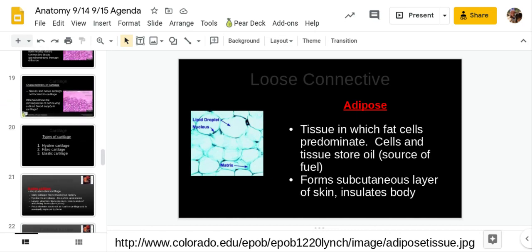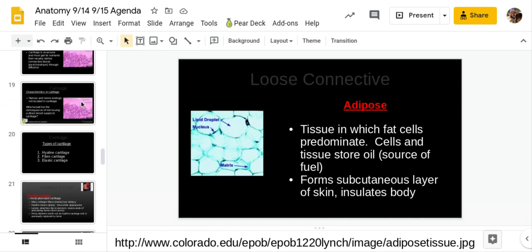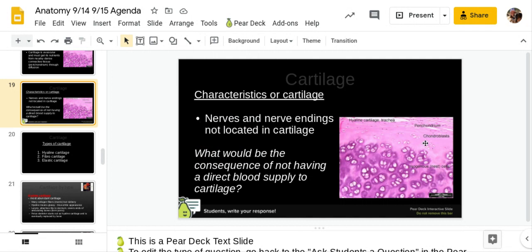If we go back up to this labeled picture, here are the chondroblasts spread throughout the extracellular matrix, so they're not tightly packed together. The tissue that does have its cells tightly packed together is epithelial. So just remember, tightly packed cells is a characteristic of epithelial, not connective, because in connective tissue they're spread throughout the extracellular matrix.